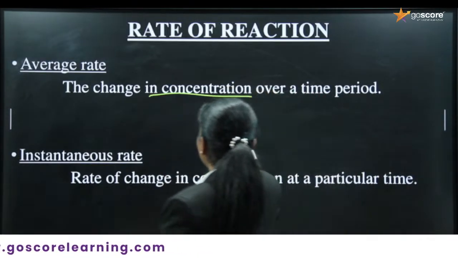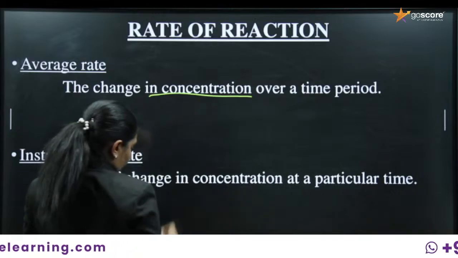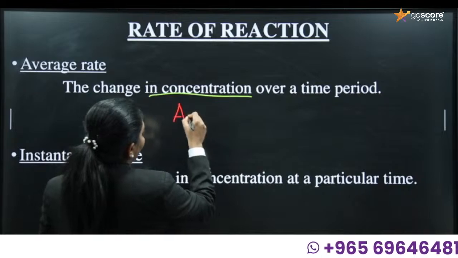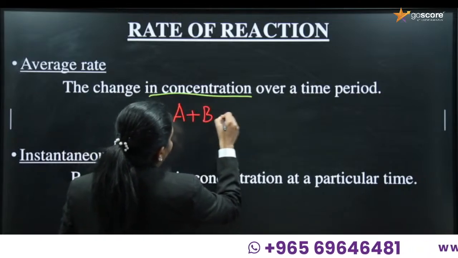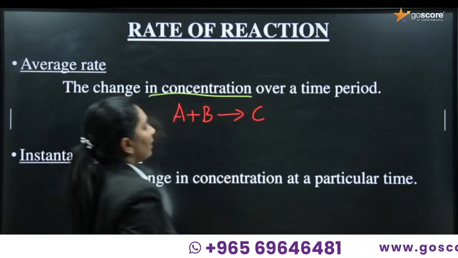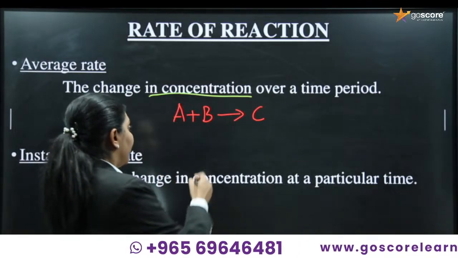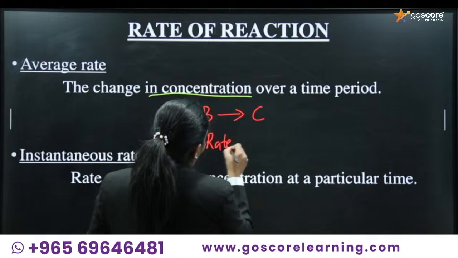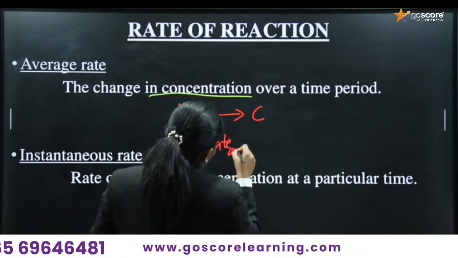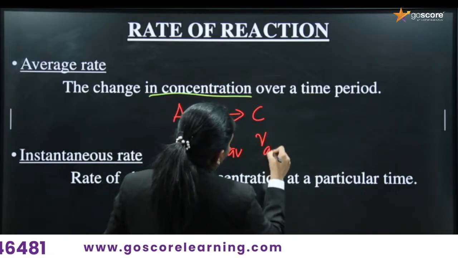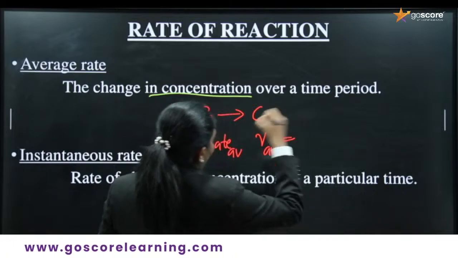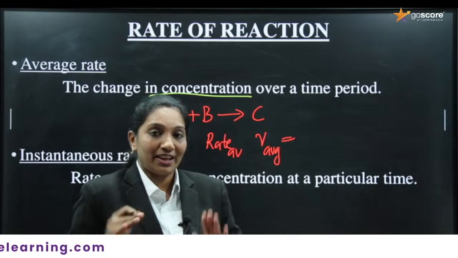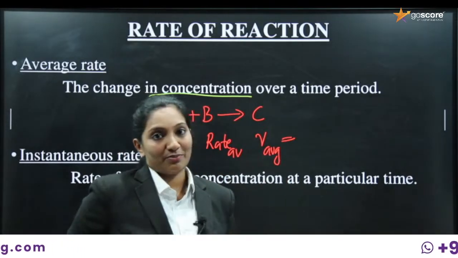If you consider the reaction A plus B giving C, how can we say the average rate of the reaction? We can write it as R average. Average rate we can express as the change in concentration of either reactant or product.